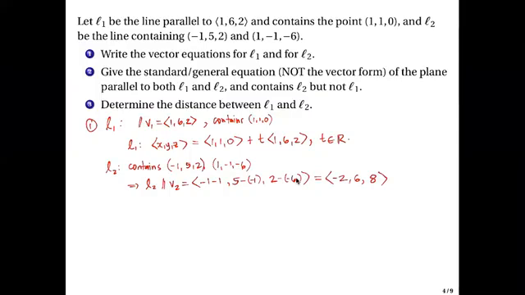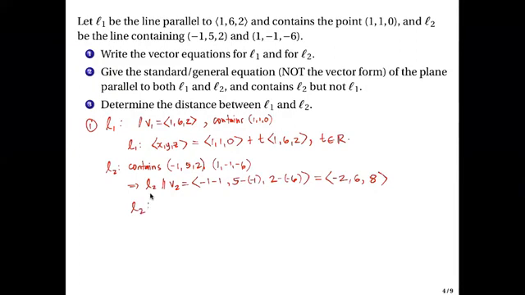Okay? We now have a parallel vector. We'll just use any of these two points, either this guy or this guy, to write the vector equation for L2. So maybe let's use (-1, 5, 2).